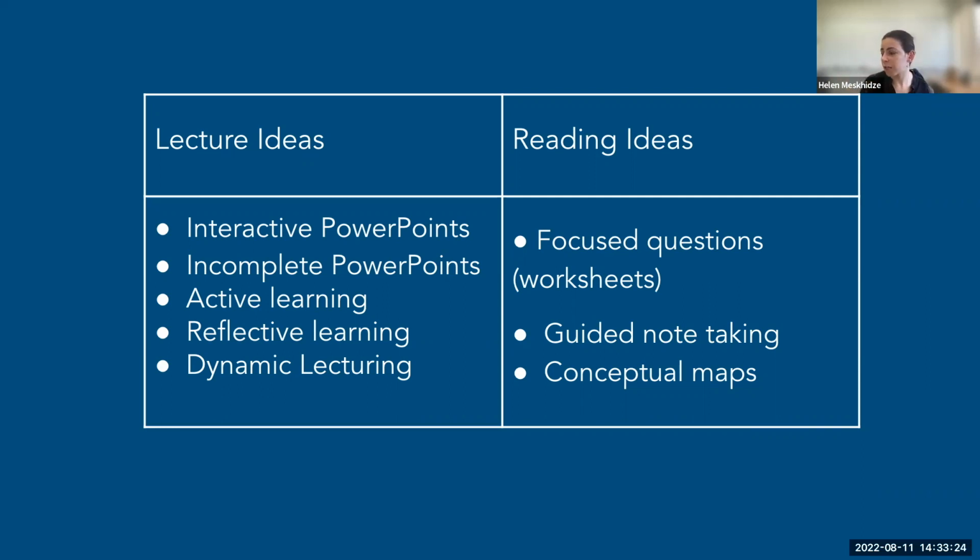Another idea that's not on here that I was recently introduced to is for students to look at each of the section titles before they start reading anything at all. So you give them a reading and you say, the way I want you to read this is first make an outline just based on the section headings. Then think about what kinds of questions you expect to be answered in each of these headings.